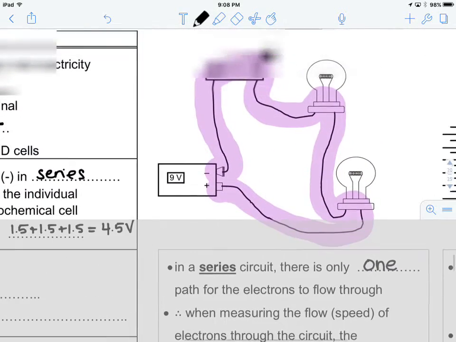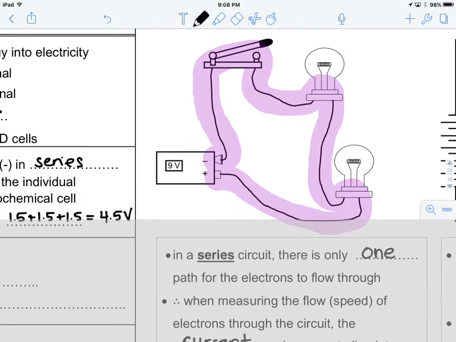And this makes a lot of sense, because if current is the flow of electrons, and we've got electrons going around here in our one path, the number of electrons that pass by over here is going to be the same as the number of electrons that pass by down here. It's going to be the same as the number of electrons that pass by over here, and it's because there's nowhere for the electrons to go.